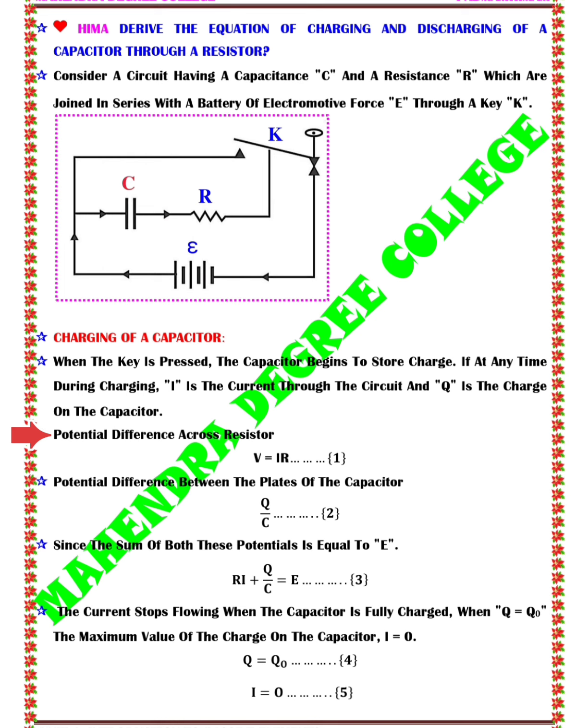Already we know Ohm's law. Ohm's law states that the current I flowing through a conductor is directly proportional to the voltage V across it, provided the temperature remains constant.